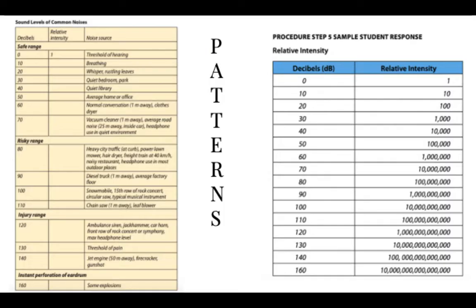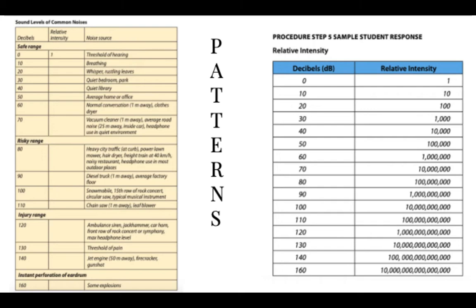So with intensity, we had the relationship between decibels and how intense the sound was. This mathematical concept is patterns, we're looking at relationships between variables. So we learned as the decibels increase by 10, adding 0 to 10, 10 to 20, 20 to 30, I'm adding 10 each time, intensity is multiplying by 10.